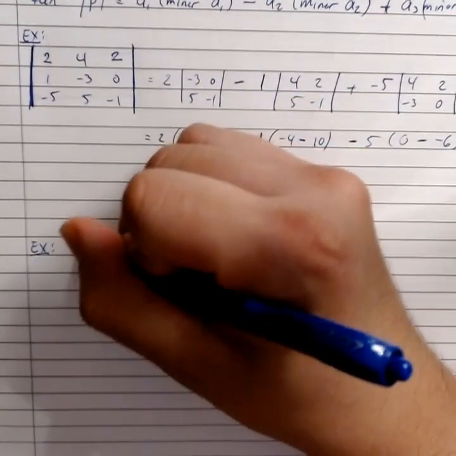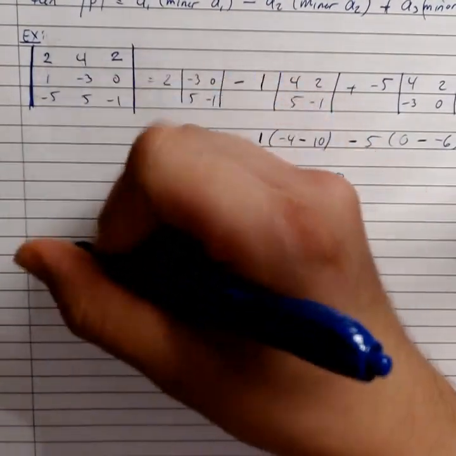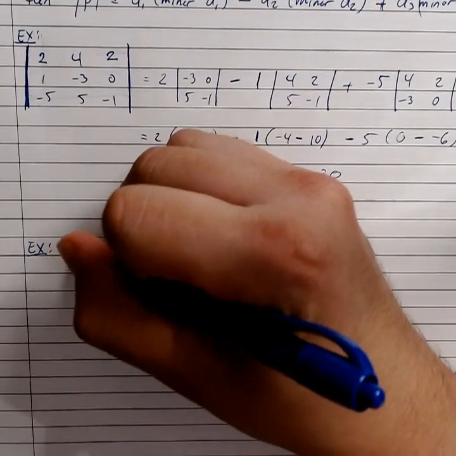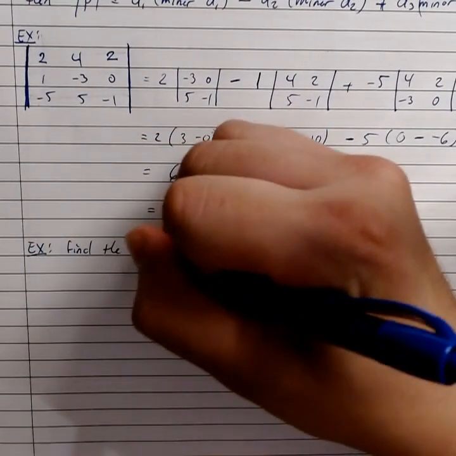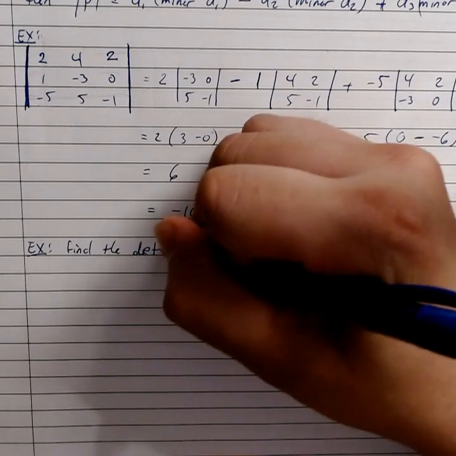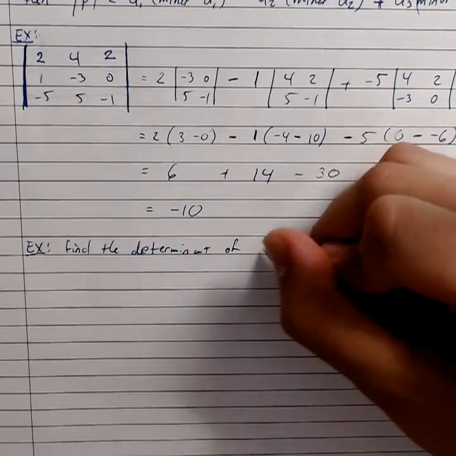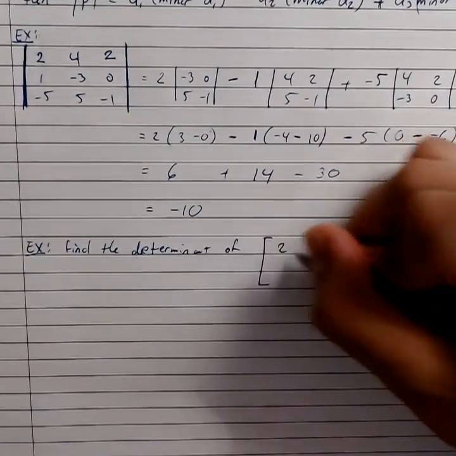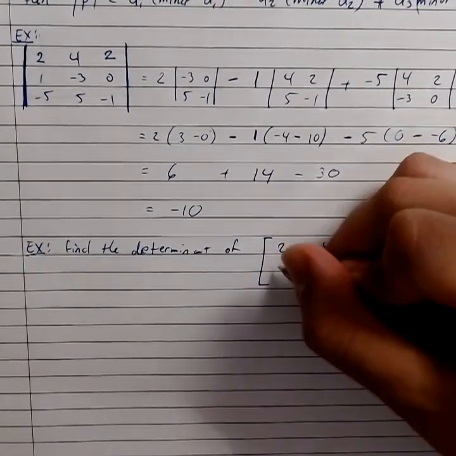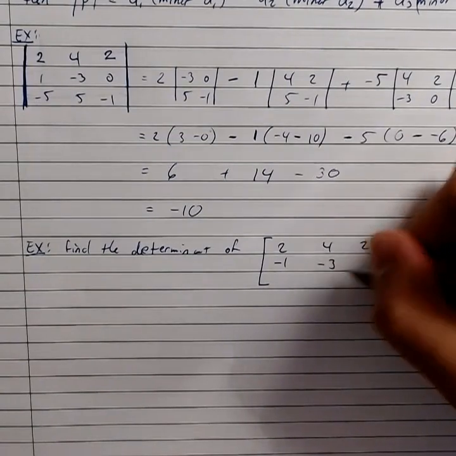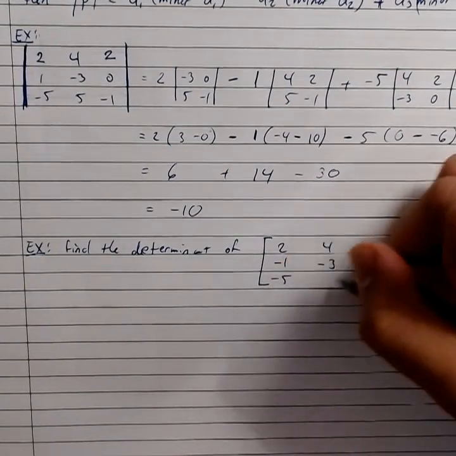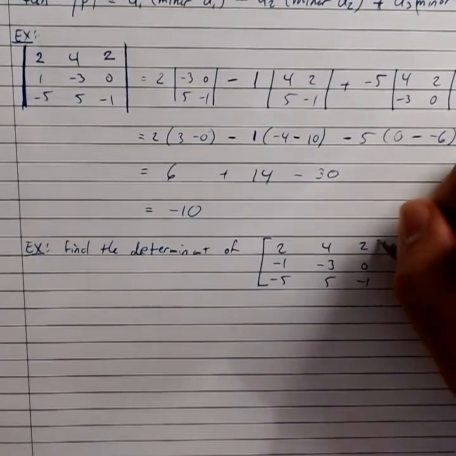So I want the determinant of this matrix. All right, find the determinant of the matrix 2, 4, 2, minus 1, minus 3, 0, minus 5, 5, and minus 1.